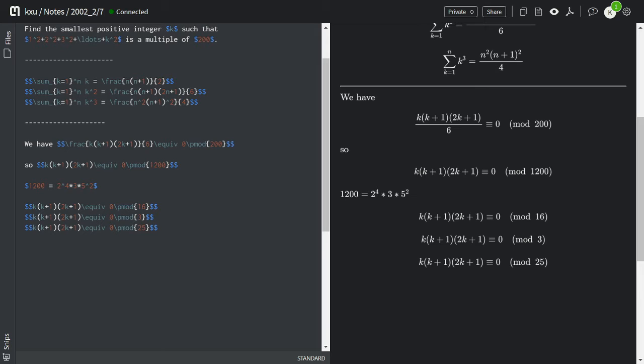Now, why can we split them up into this? Well, under the Chinese remainder theorem, these three equations give a unique solution modulo 1200, and this unique solution must be 0 because it satisfies all three. So that's basically how you prove it. The converse would be slightly harder.